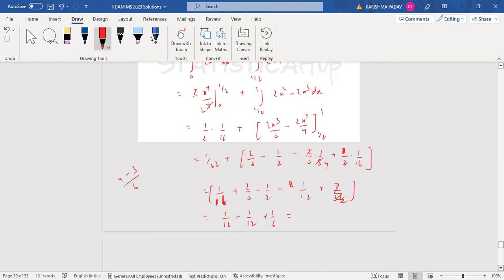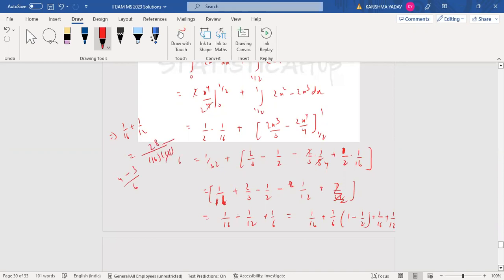Let's solve this. 1 by 16 minus 1 by 12 plus 1 by 6 will be equal to 1 by 16, taking out 1 by 6 common, that is 1 minus 1 by 2, and that is equal to 1 by 16 plus 1 by 6 into 1 by 2, that is 1 by 12. So we have to solve 1 by 16 plus 1 by 12. Just take the LCM, 16 into 12. 12 plus 16 is 28.